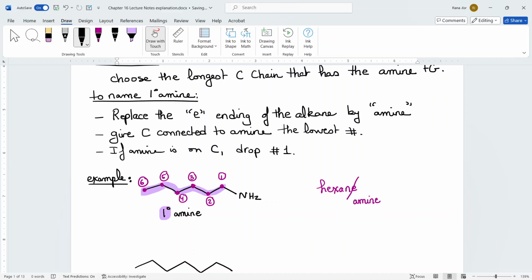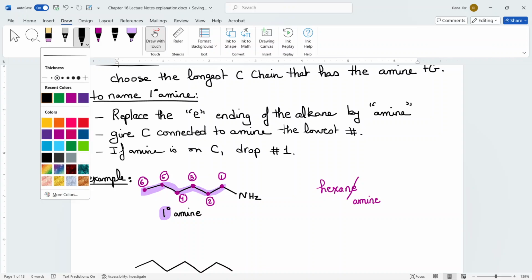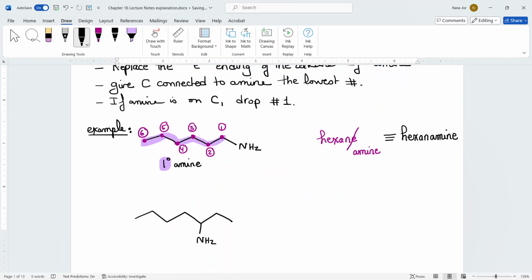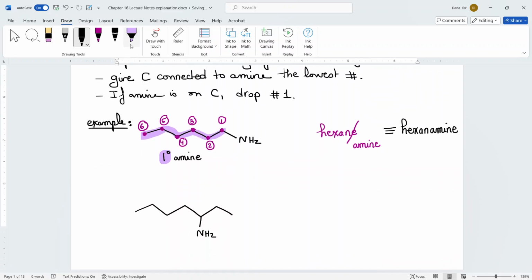So the amine starts with an A. This is why you cannot have two vowel letters that are next to each other. And the name is going to be hexanamine. Okay, it's very simple. Drop the E, add amine. That is going to be for the primary amine. So always know what type of amine you are working with.